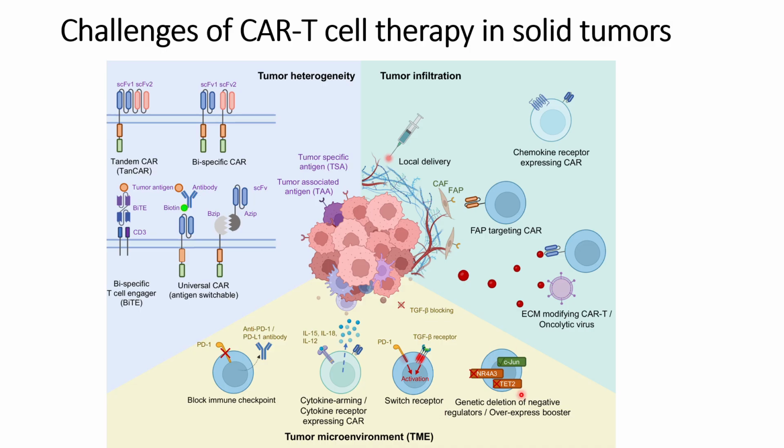The other thing is to change the intracellular signaling. So instead of deactivation, when PD1 or TGF-beta interacts with their counterpart, it will activate the immune response. Some examples are shown here, by upregulating c-Jun and downregulating NR4A3 and TET2.